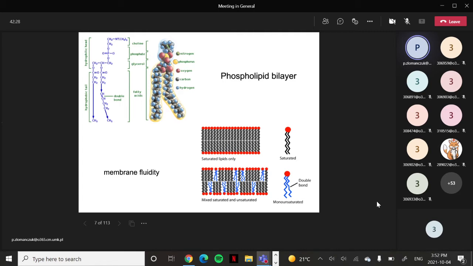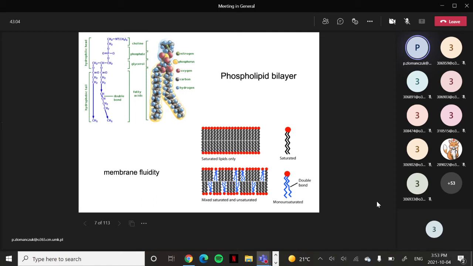And when you have a single bond, look at the lower right panel. So you have the saturated bonds only between carbon atoms. The structure of the phospholipid is pretty symmetrical, simple, and relatively elastic. So when it moves, it does not introduce that much disturbance in the environment of the membrane. Look at this model of phospholipids in the upper part of the slide.